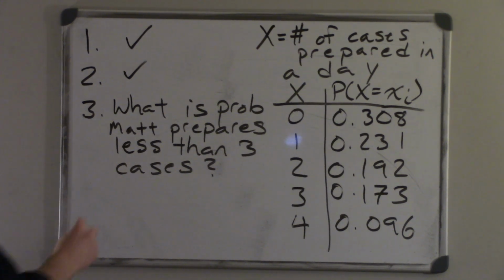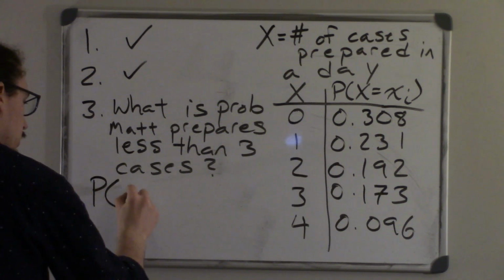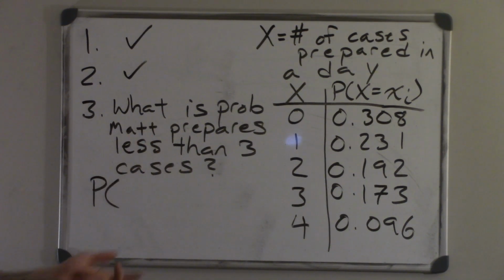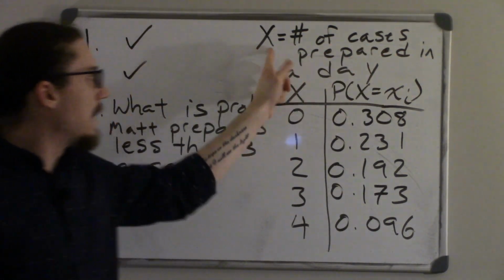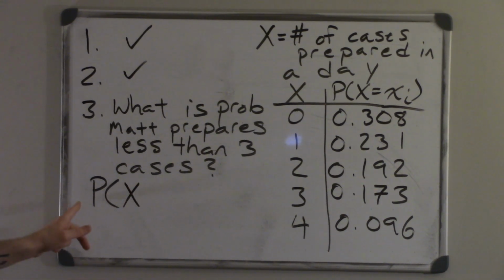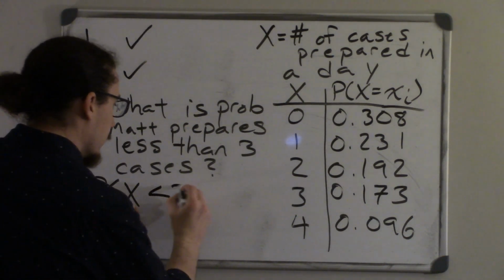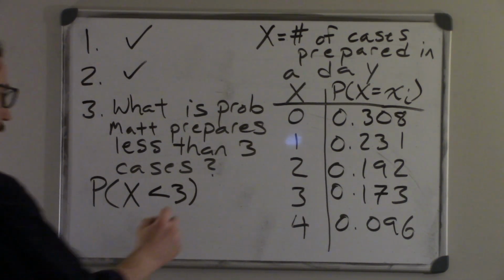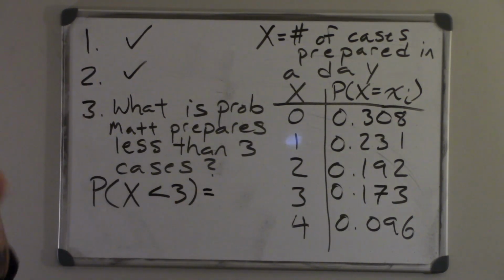If this is the question I'm asking, then my probability statement is going to look like this. We're asking what's the probability that the number of cases prepared in a day, so X, we're just going to slap X in there so we don't have to write all that in, is less than 3. This is the way we're going to be setting up these probability statements.